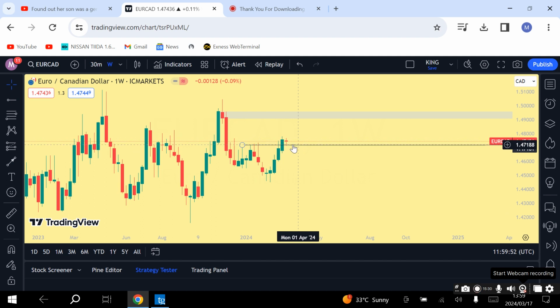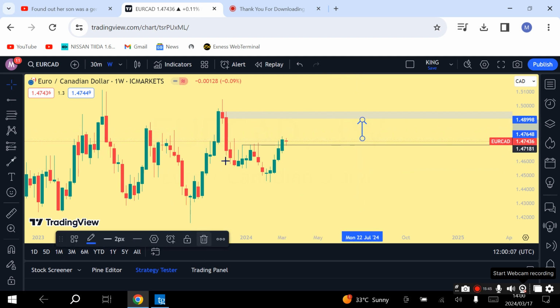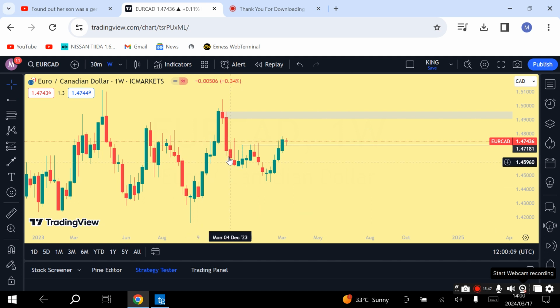We are sitting at a level of support in anticipation that price, at some point in the future, will push extremely, right? Or it will most likely, because when I say it will push, I'm not speaking in certainties, this is probabilities.